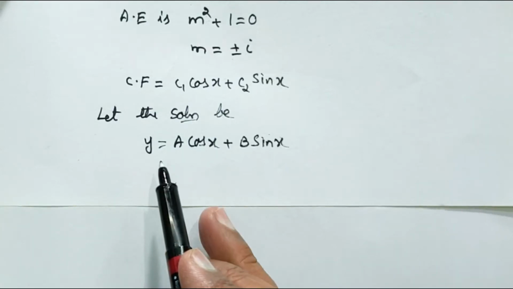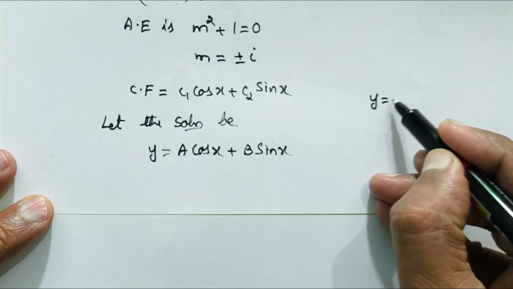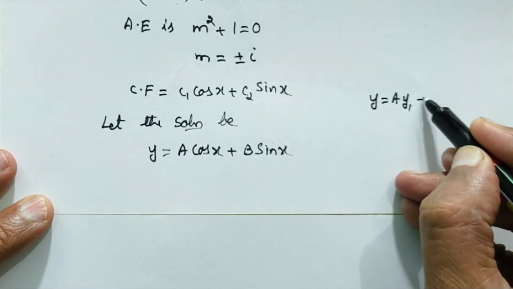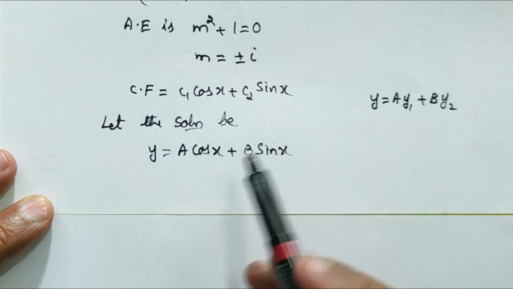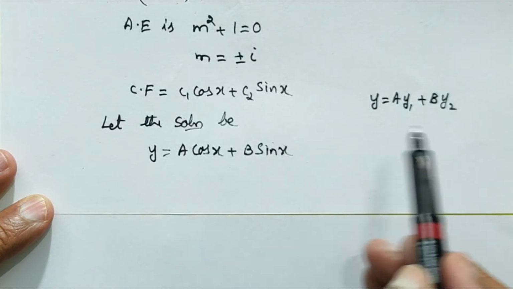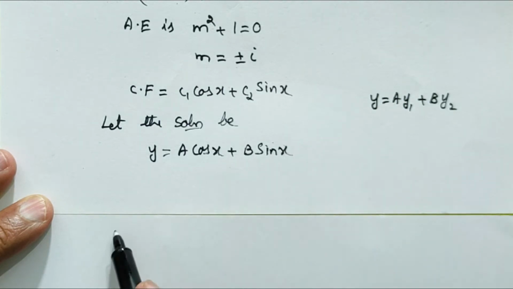The general form that you write for y is y is equal to A times y1 plus B times y2. Here the value of y1 is nothing but cos of x, and the value of y2 is nothing but sin of x.